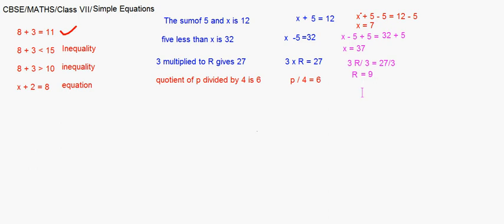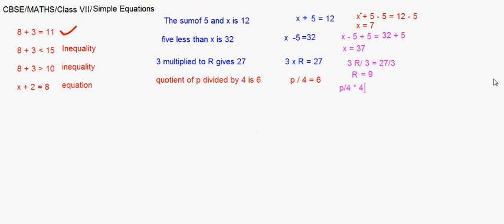Now look at the fourth one. In the fourth one, p is divided by 4. To remove this 4 and be left only with p, I multiply the left hand side by 4. So it becomes p by 4 multiplied by 4.